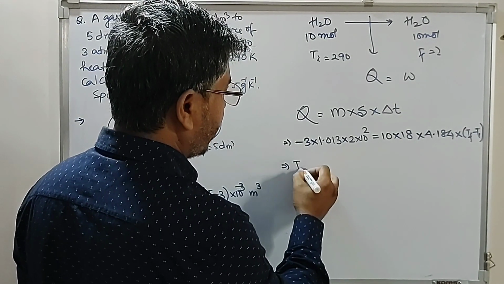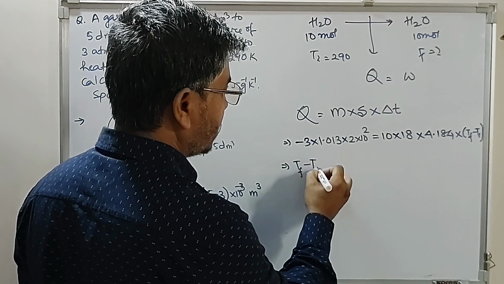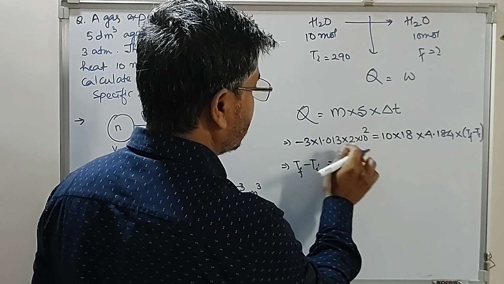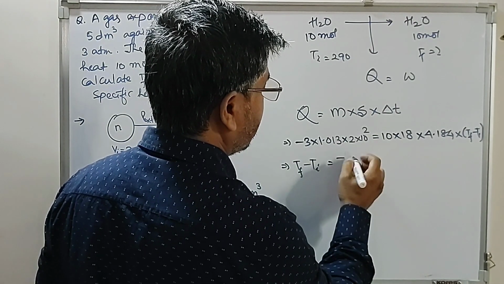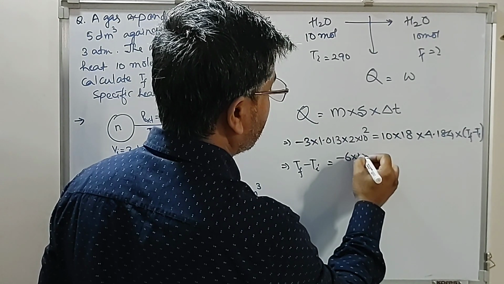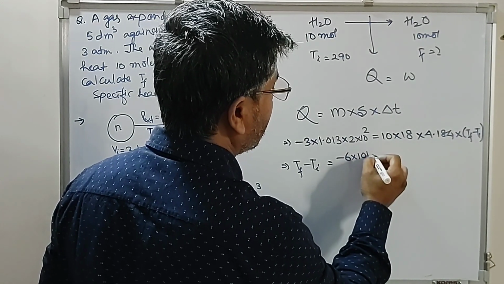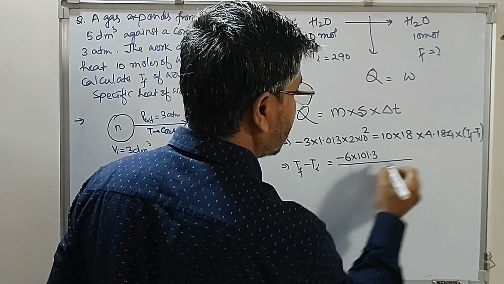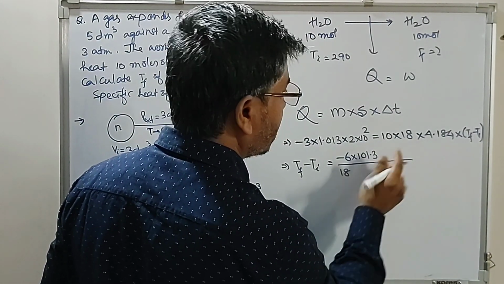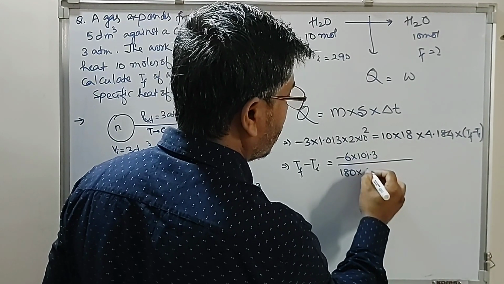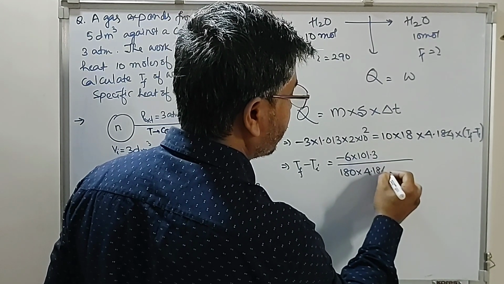So TF minus TI is equal to minus 3 into 2, that is 6, into 101.3 divided by 180 into 4.184.